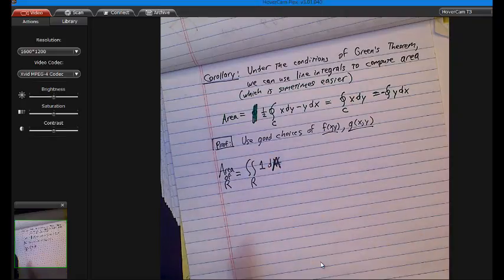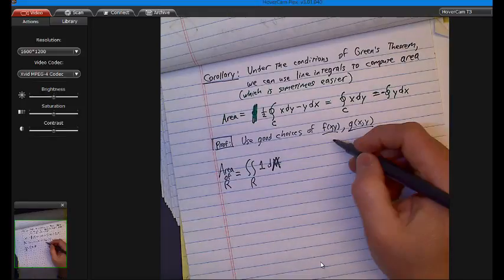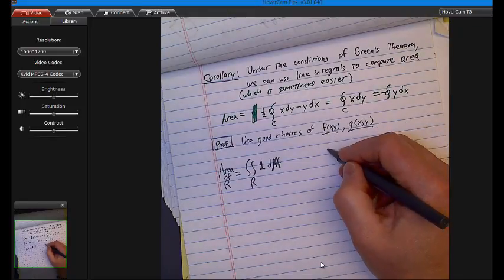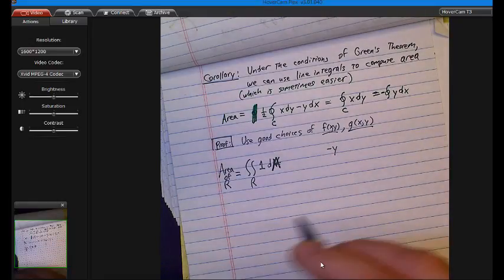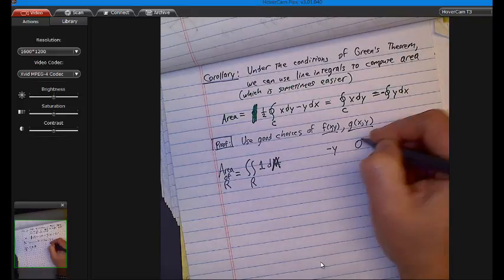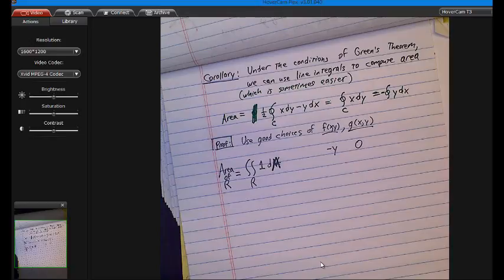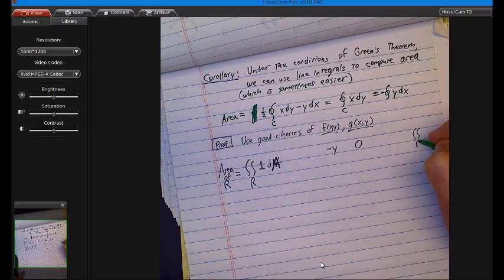So when I say good choices of f of xy and g of xy, watch this. Suppose you make f of xy equal to negative y, and g of xy equal to 0. What would Green's theorem tell me? Let's write the double integral for Green's theorem first.